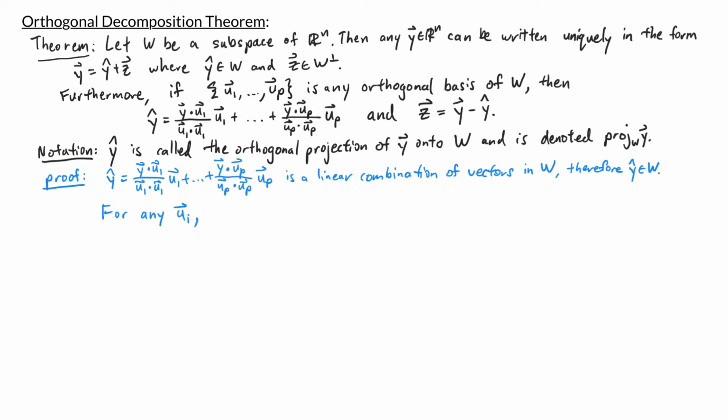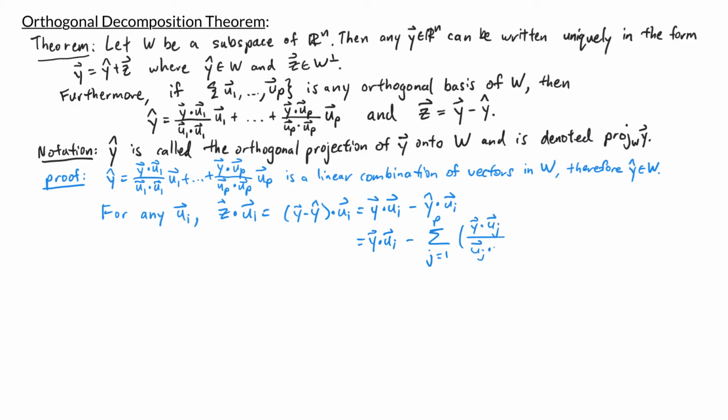Now, for any ui, do z dot ui. This is equal to y minus y hat dot ui. When we distribute, we get y dot ui minus y hat dot ui. So this gives me y dot ui minus the sum from j equals 1 to p of y dot uj divided by uj dot uj times the vector uj dot ui.